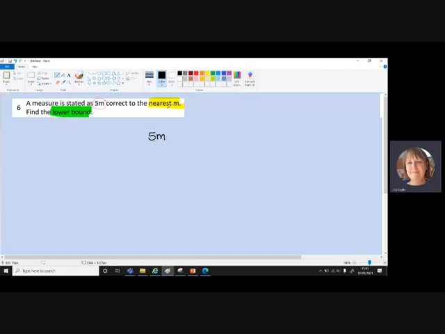So that means that it could actually have been less than 5 meters or more than 5 meters, but when rounded to the nearest meter, it became 5 meters. Let's look at which point you change from rounding to 4 meters or 5 meters, or from 5 meters to 6 meters. And the clue here is we're looking for the nearest meter. So when we write nearest meter down, that way would be the 4 meters, and the nearest meter that way will be one up from 5 meters, which would be 6 meters.